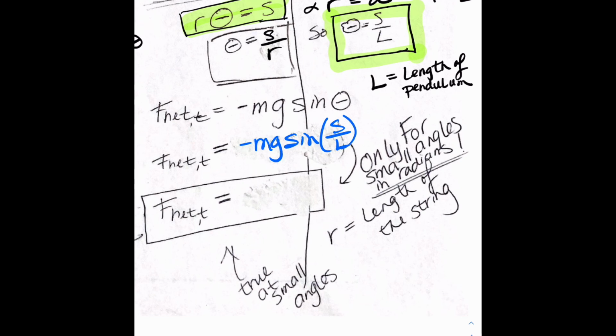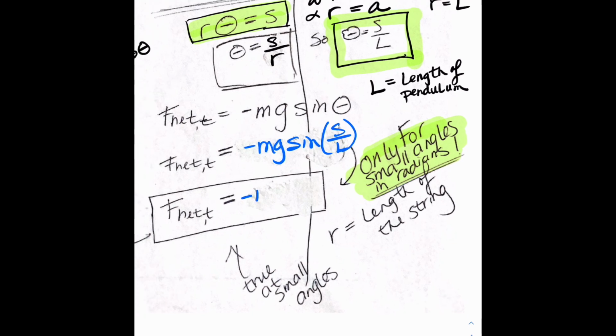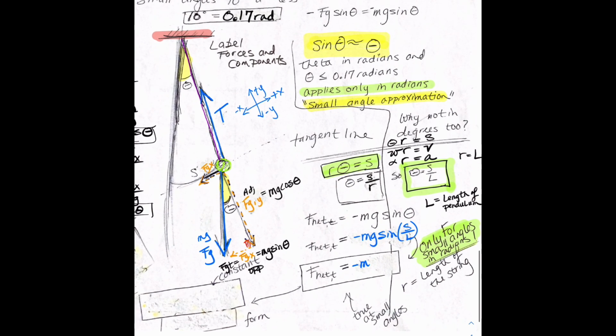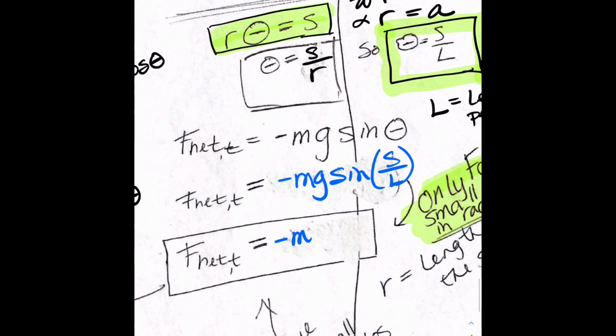But for small angles only, in radians, we can get rid of sine, because the sine of S over L is just S over L. So we can say here that this net tangential force back towards equilibrium, pointed to the left, this F_GT, force of gravity tangential, is equal to, and I guess it is the net tangential force, because F_GY and tension are going to balance out, so it's really just the net force altogether, but whatever.